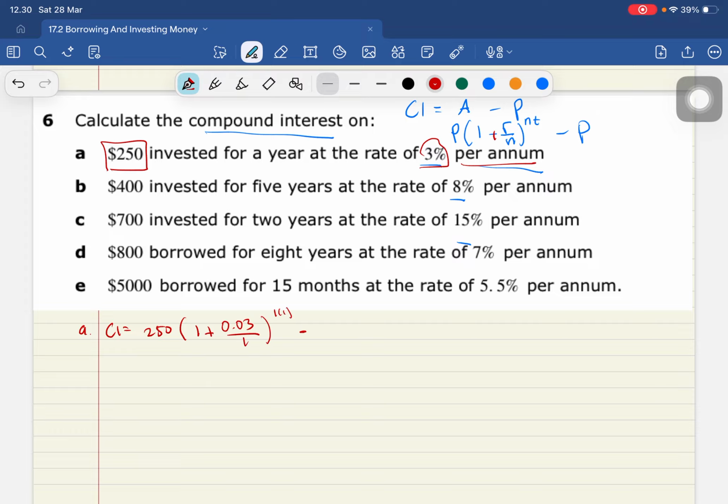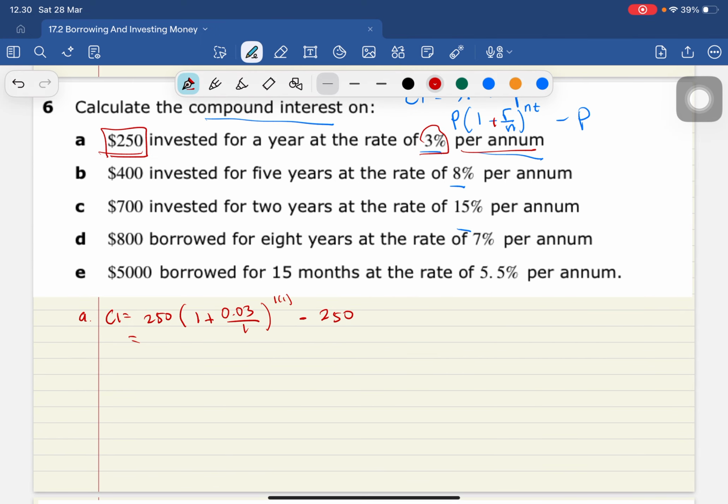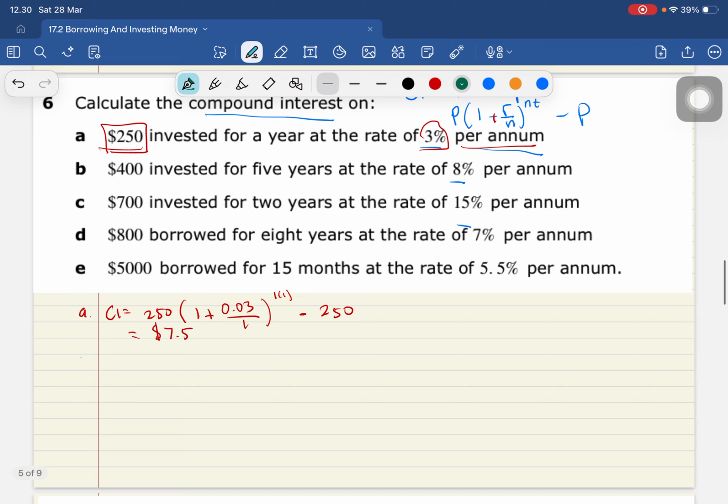Then we minus the initial money they invested, 250. So for A you will get $7.5 for 1 year.